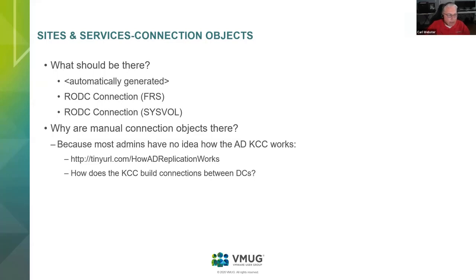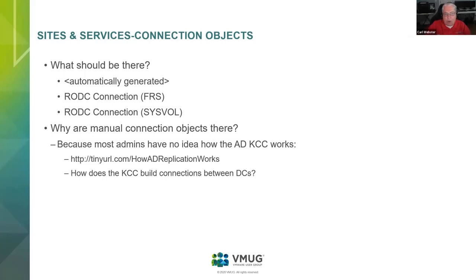After 5 minutes, the KCC kicks in because it's waiting for everything to settle down. It's also waiting for the Active Directory database to load into RAM. It's waiting for the global catalog to load into RAM. If you use Microsoft DNS, it's waiting for DNS to load into RAM. Once that 5 minutes is done, the KCC goes out and builds a replication topology between all the domain controllers in the environment.